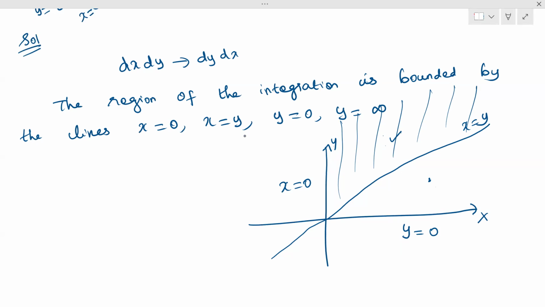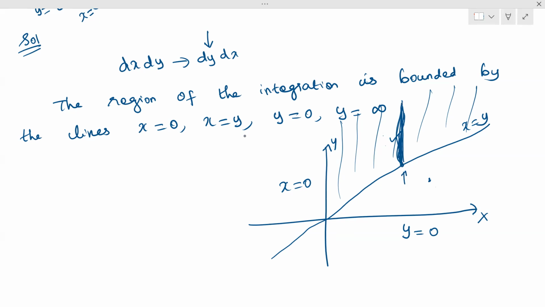According to our region, we have to find the y limit first, because we are changing dx dy to dy dx. For the y limit, we draw a line parallel to the y-axis in our region. This is the starting point of the line.